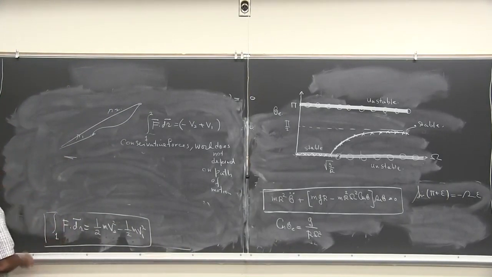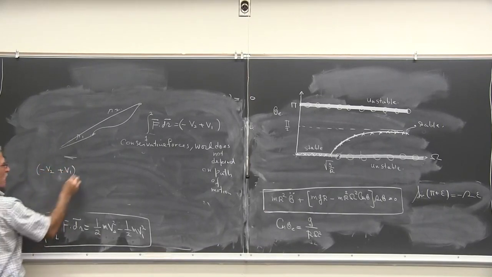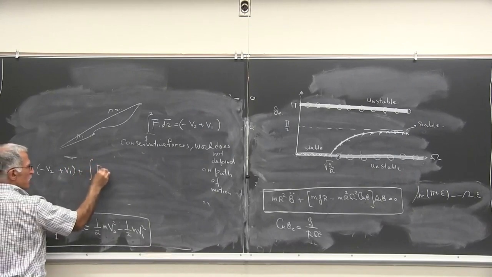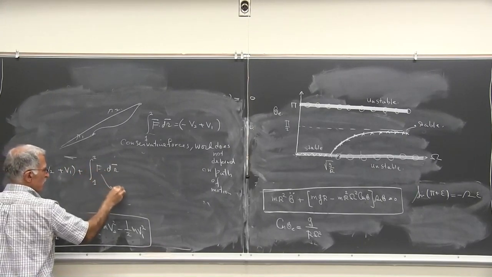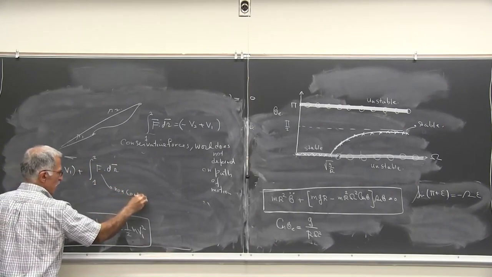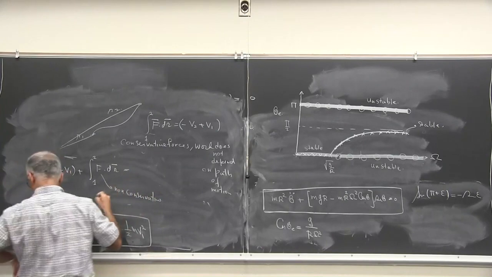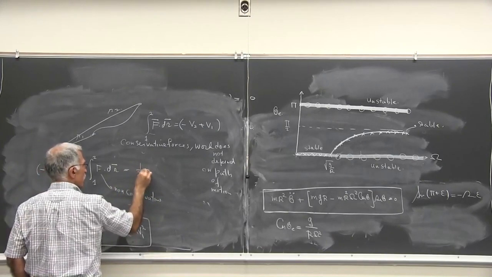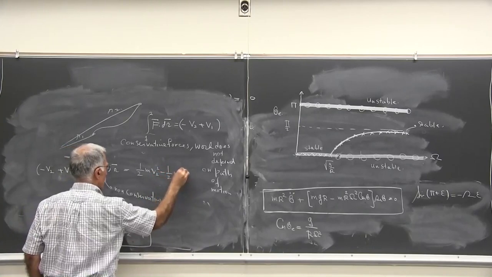So you can break this down to minus V2 plus V1 plus the work of non-conservative forces, is equal to 1/2 mv2 squared minus 1/2 mv1 squared.